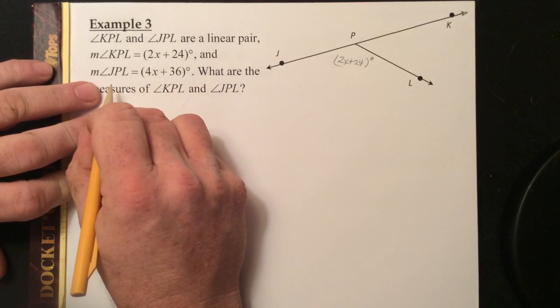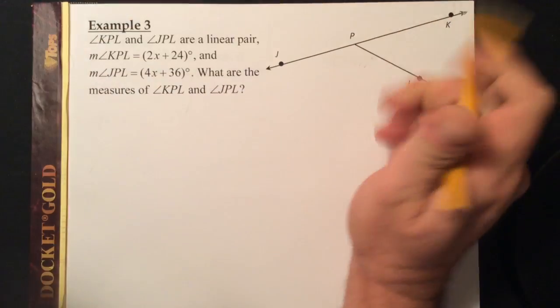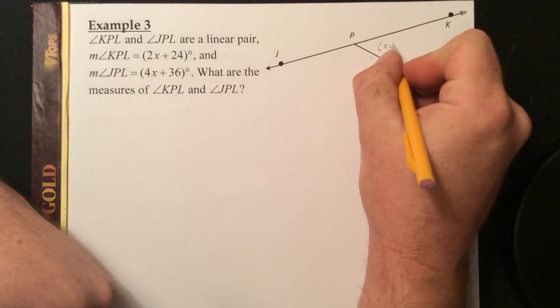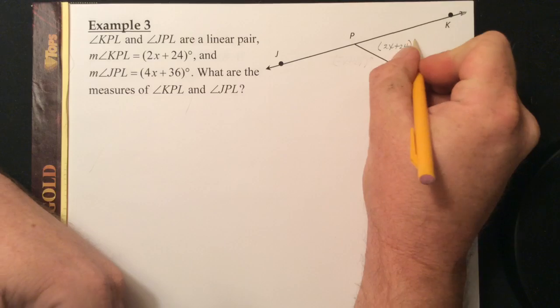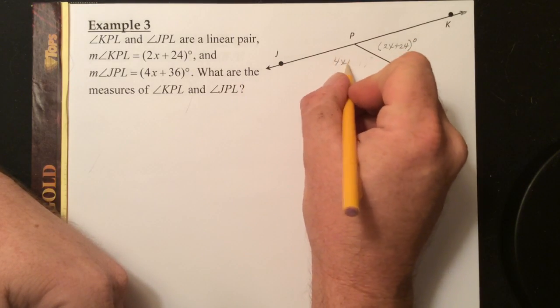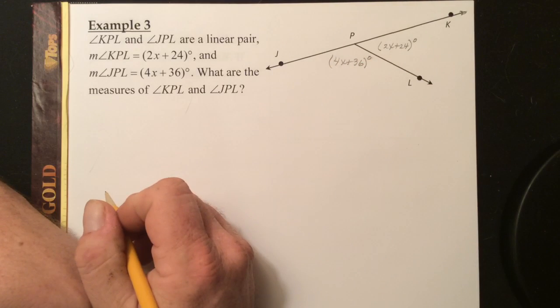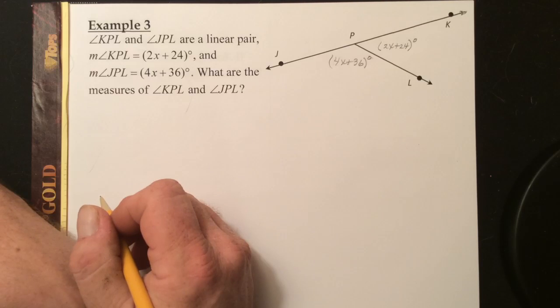And the measure of angle JPL, that's the other way around. The measure of angle JPL is 4x plus 36 degrees. What are the measures of angle KPL and JPL?